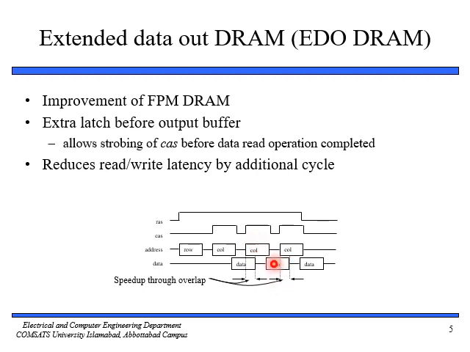We are reading the next column address because of this strobing signal. What is this? This is our speed up through overlap. You can see we are overlapping the column address reading. We are reading the new address whereas we are reading the previous data. So this is extended data out DRAM.